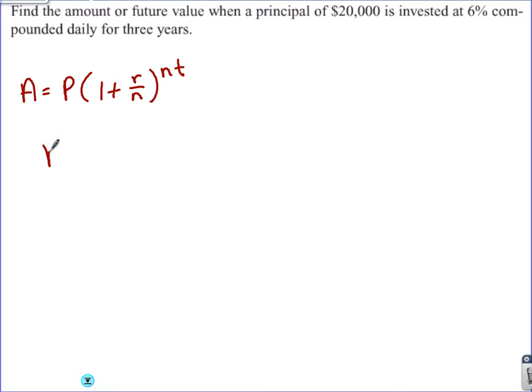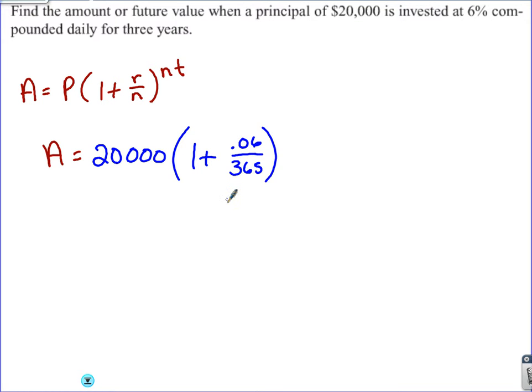The amount of money that you're going to have is equal to principal, that's how much money you're investing, $20,000, times 1 plus the rate, 6% interest, so we write that as how much? Good, 0.06. Divided by what? Because we're compounding it daily, which means 365 times per year. Raised to the NT power, N was 365 times 3 years.